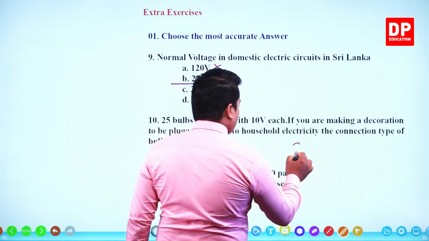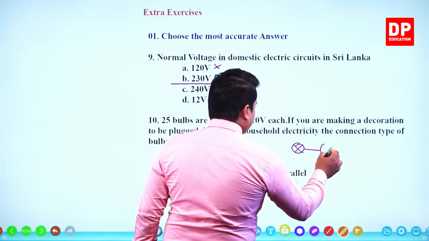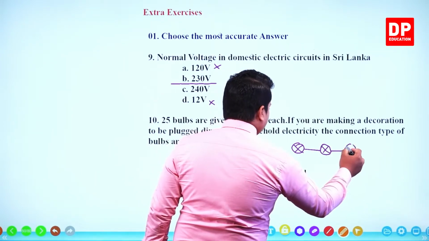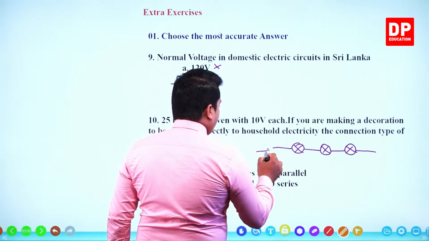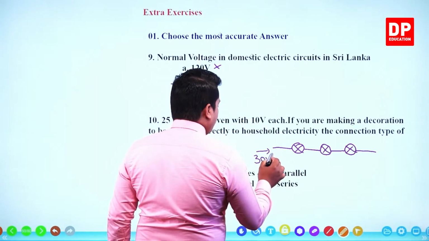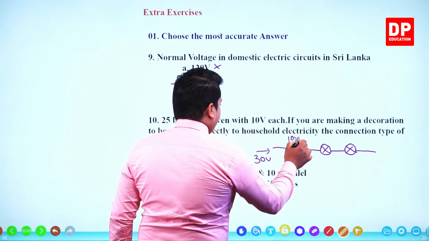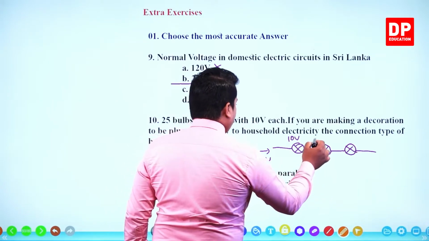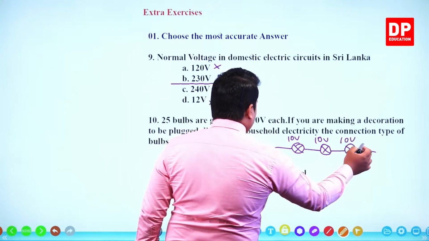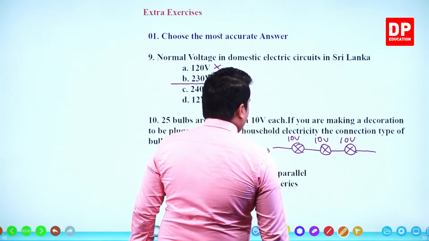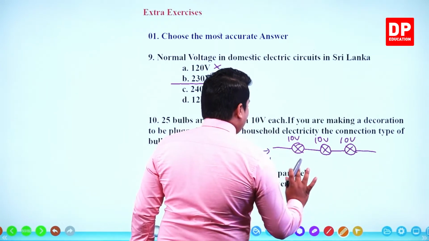Now, these are 3 bulbs. If I provide 30 volts here, the first bulb absorbs 10, the second bulb absorbs 10, the third bulb also absorbs 10, right? So this is a series connection.